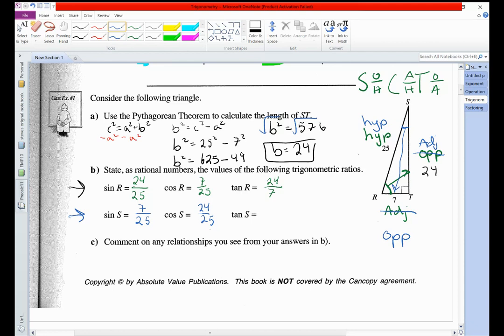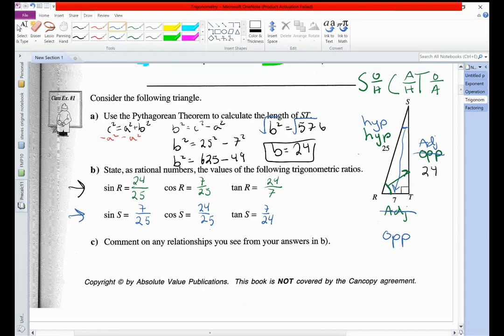And the tan ratio is opposite over adjacent, which is 7 over 24. So now we have all of the trig ratios done for this triangle. You can't really do trig ratios for the 90-degree angle because the opposite and the hypotenuse would be the same number and it just wouldn't work.